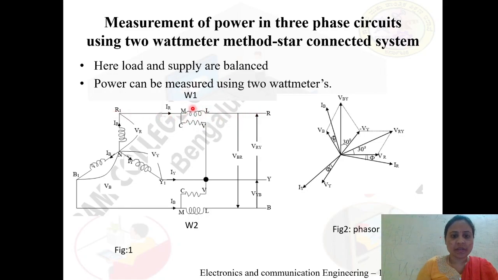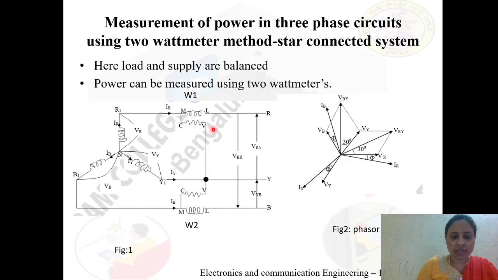The current coils of each wattmeter are given to 2 terminals of the star connected system, and the other terminal of the current coils we connect to the loads. For wattmeter W1, the current coil is given to the R terminal, and similarly the other wattmeter's current coil is given to the B terminal, and the other two terminals of the current coils are given to the load.